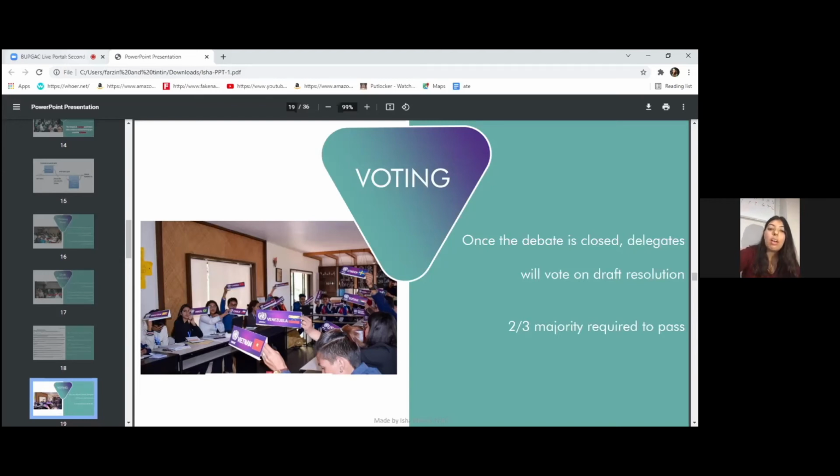But let's say the committee is WHO, and the topic that we are discussing is the pandemic, how to tackle, let's say, the third wave. I have no idea which wave we are at right now, but whatever wave is coming, how to tackle that.